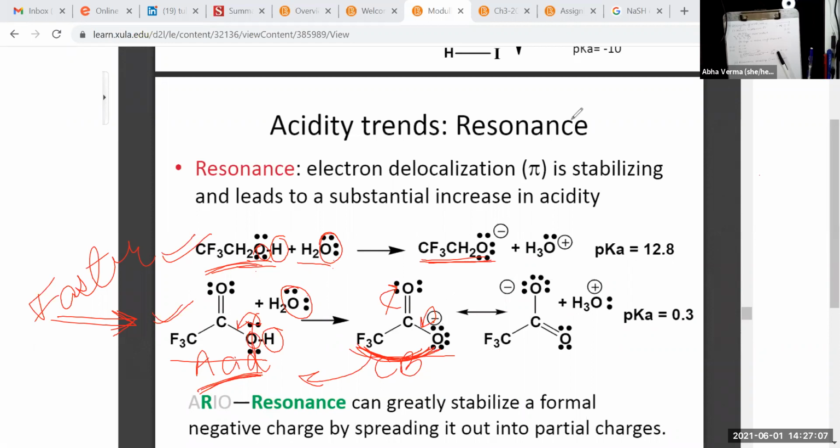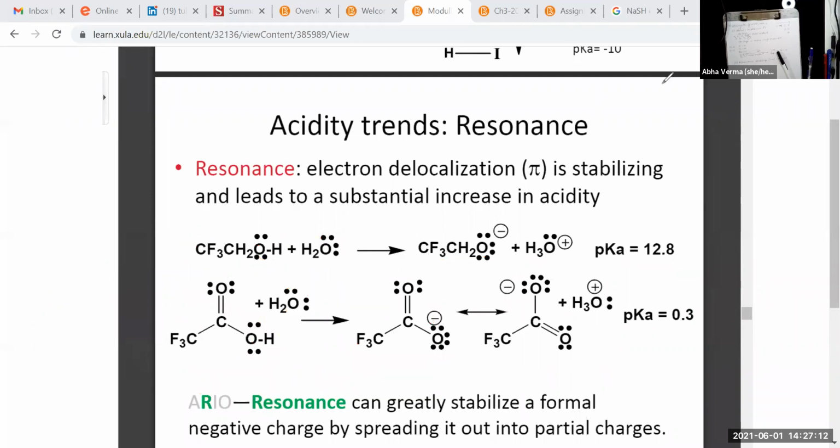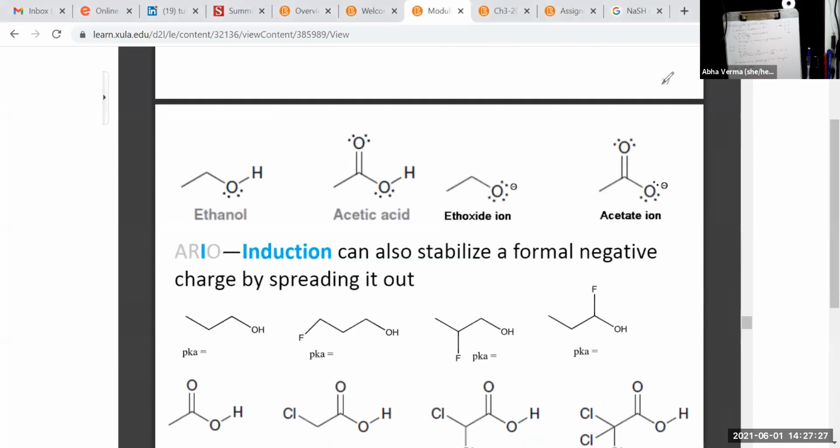On the other hand, the next part is induction. I'm not going to go into details of resonance again because I spent the whole class yesterday on resonance. If you look at all of these structures, you can look at the corresponding conjugate bases and figure out which of these is the stronger acid.